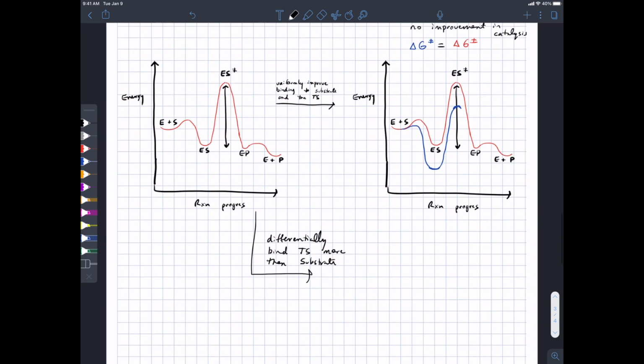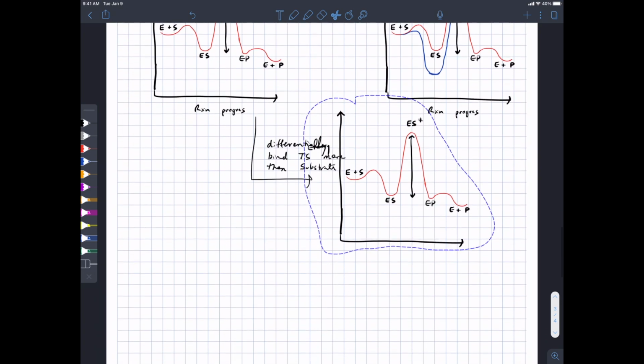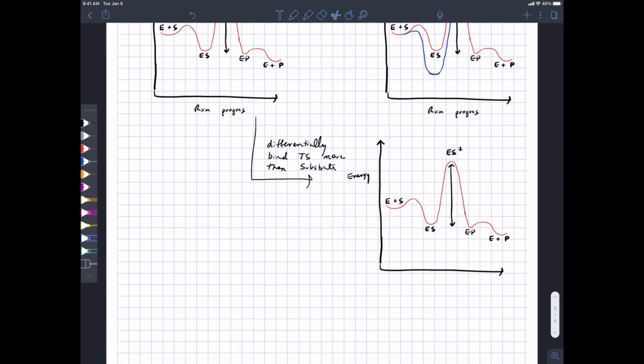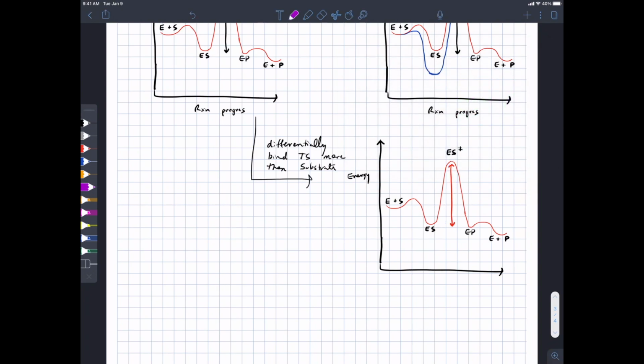What's that going to look like? Well, let's copy this again. And let's go ahead and change this arrow to be red. And then we'll use maybe purple for differentially binding the transition state. What's that going to look like?